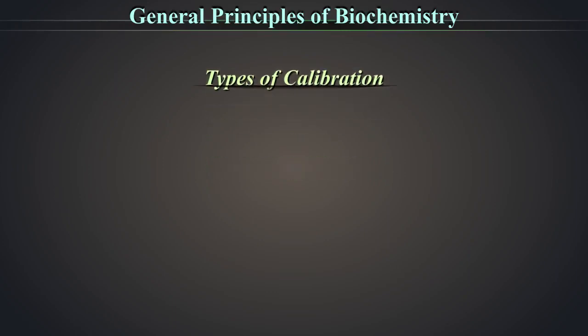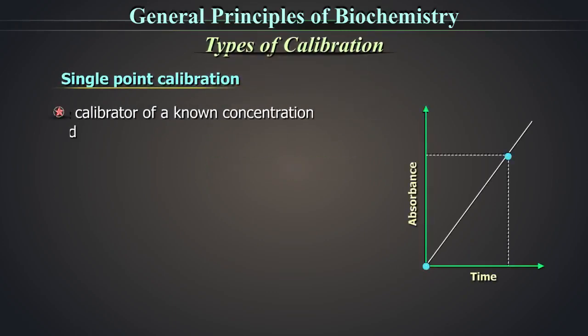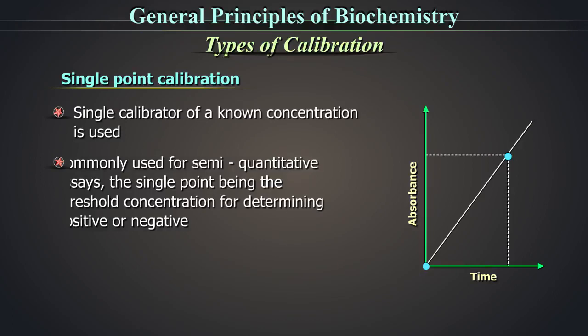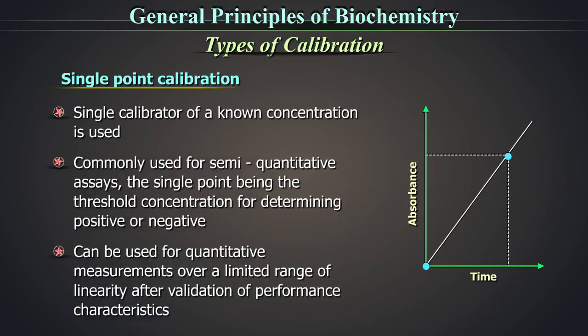Types of calibration. Single point calibration. A single calibrator of a known concentration is used. This is commonly used for semi-quantitative assays, the single point being the threshold concentration for determining whether it is positive or negative. This can be used for quantitative measurements over a limited range of linearity after validation of performance characteristics.